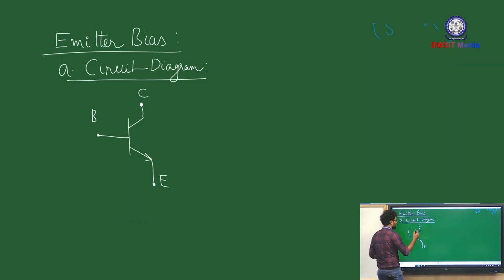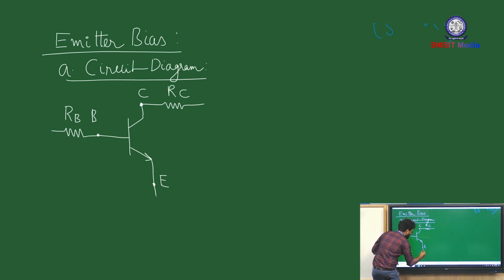So we are going to connect a resistor at the collector side, which is called the collector resistor RC. We are going to place one resistor on the input side, which is called the base resistor.